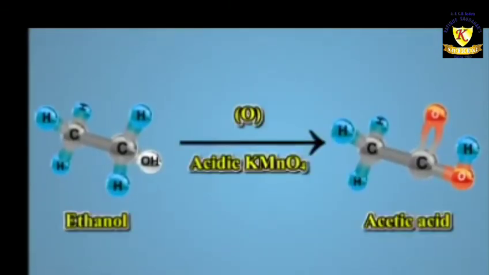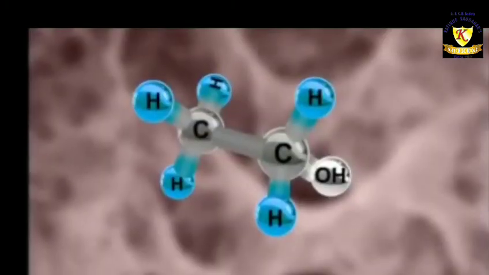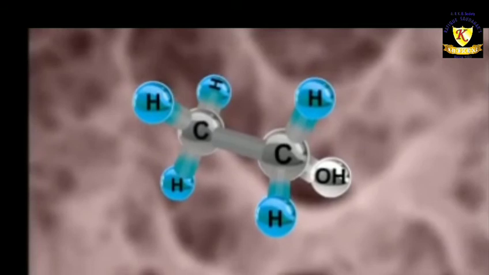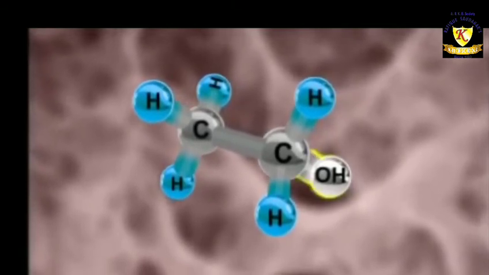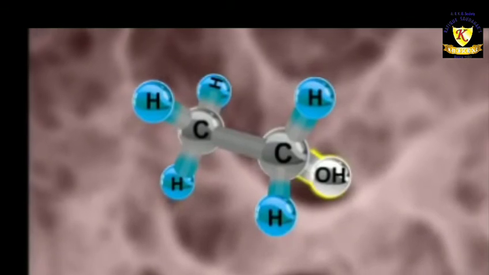Now let's move ahead. You have learnt about the oxidation reaction of ethanol in the previous unit. Two more reactions of ethanol are as follows. The functional group OH plays an important role in the reactions of ethanol.